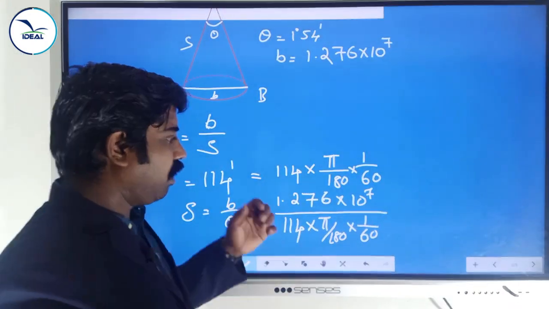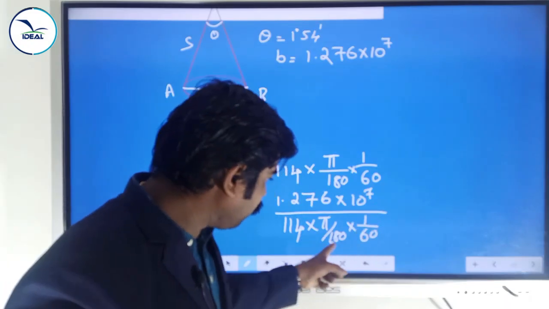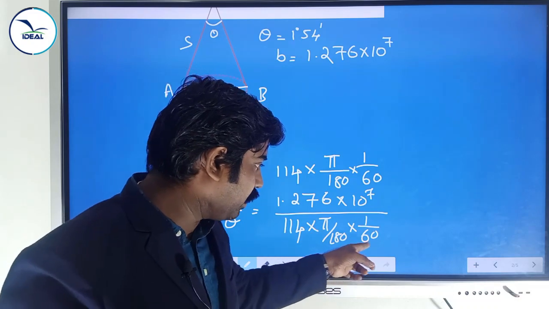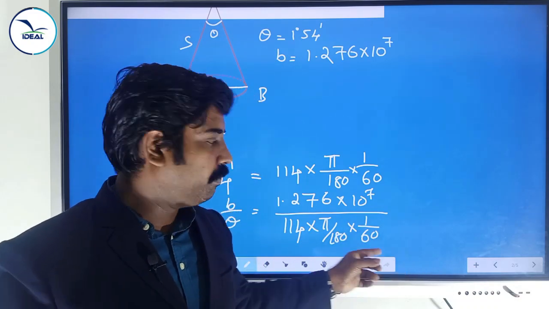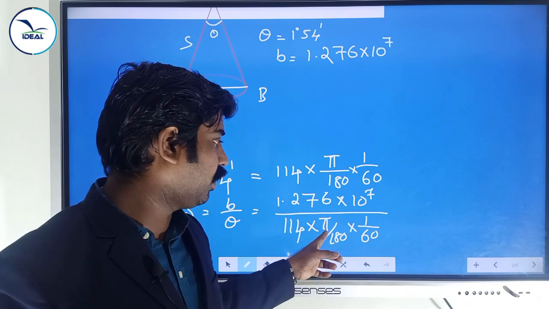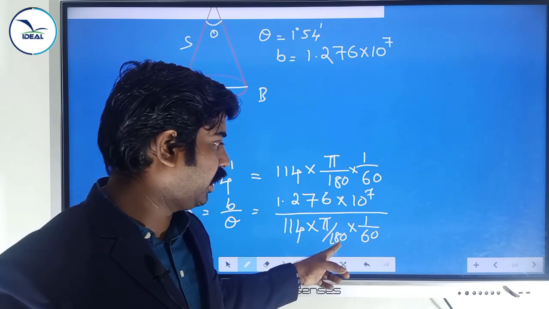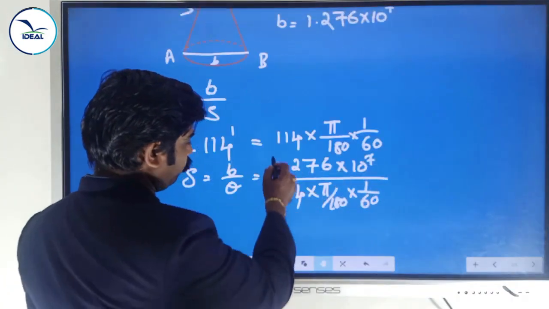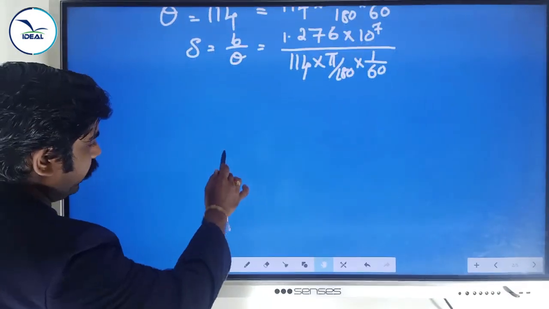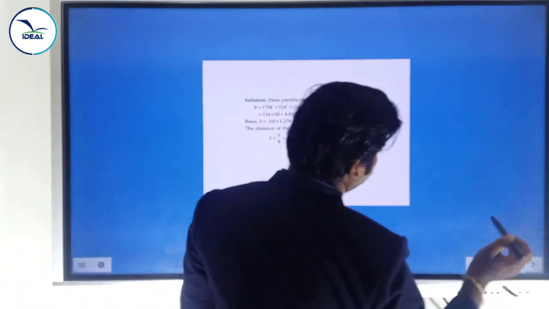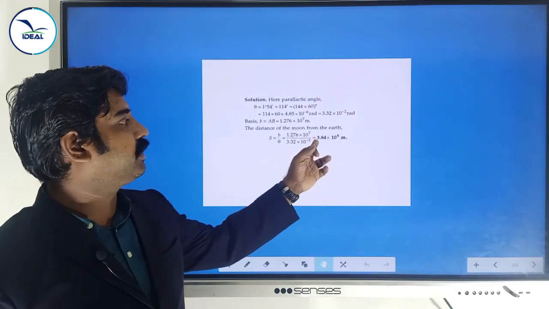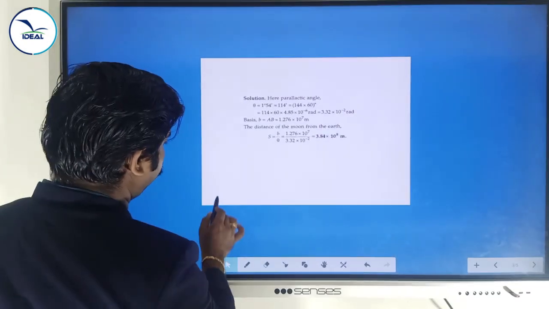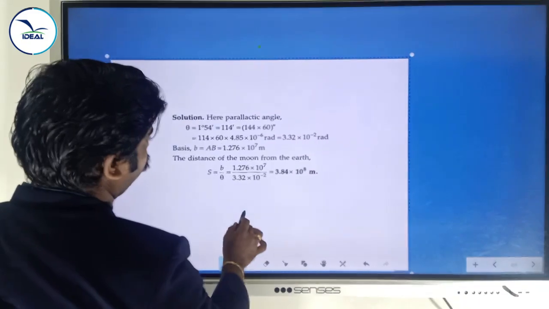Or you can also multiply with an exact value, like taking pi equal to 3.14 by 180 into 1 by 60. Likewise you can do. You will get the answer 3.84.